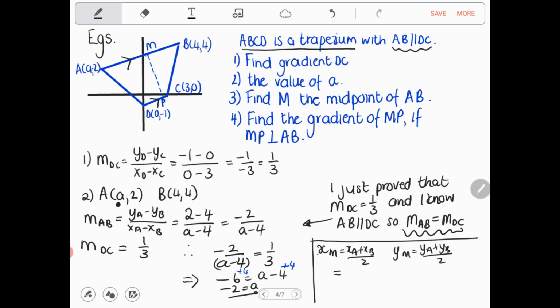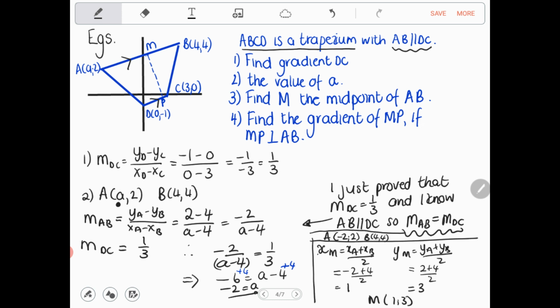Remember now, you're going to replace the -2 for your A, and your B is going to be 4 and 4. So we're going to have -2 plus 4, that's going to give me 2 over 2, which is 1. And this will be 2 plus 4 over 2, 6 over 2, which gives me 3. So the midpoint of AB is 1 and 3.